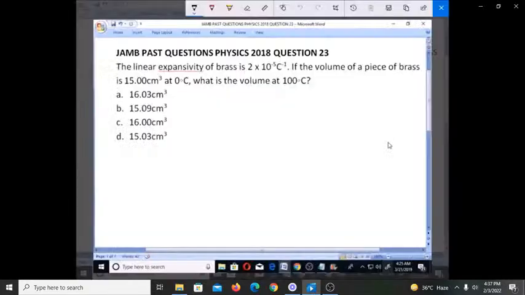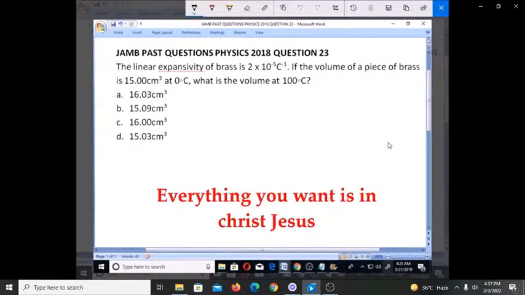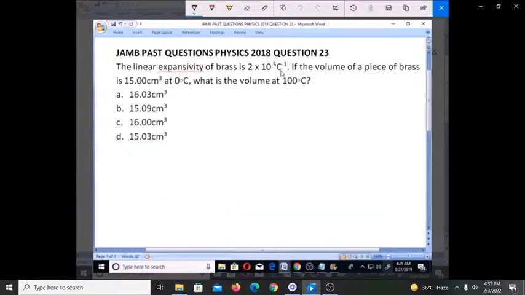Let's look at these JAMB past questions for Physics 2018. Question number 23. The linear expansivity of brass is 2 times 10 to the power minus 5 per degree Celsius.